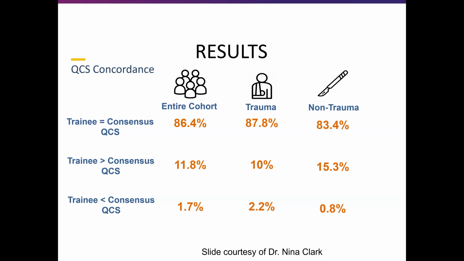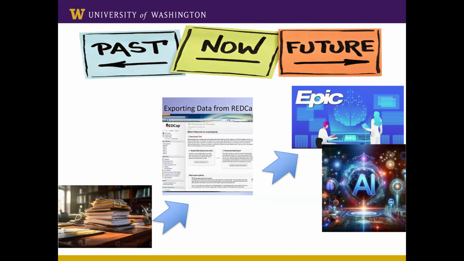In summary, most of us agree on the QCS for these cases, but there is some discordance. Most of the time, we agree. Sometimes trainees think the QCS might be a little bit higher, but rarely do trainees think it's lower. I think that's part of the medical education that we have to come together and bring.